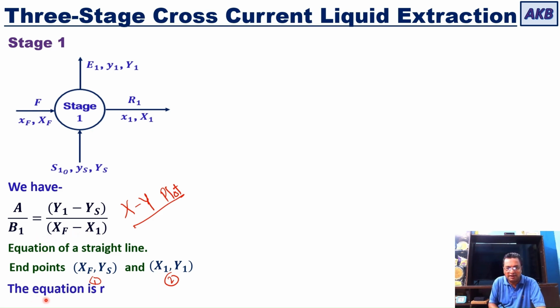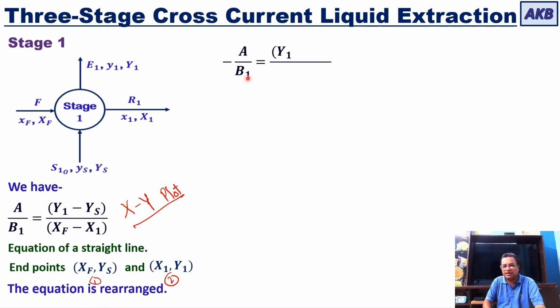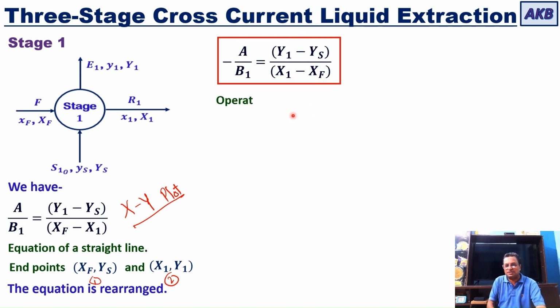That is, I will have to arrange the equation. The equation is rearranged to get this. Minus A upon B1 is equal to capital Y1 minus capital Ys divided by capital X1 minus capital XF. So this is nothing but the equation of the operating line for first stage.